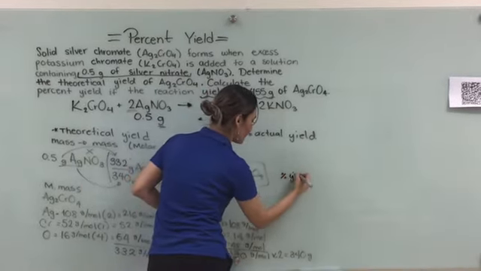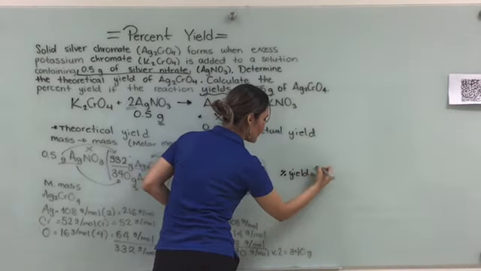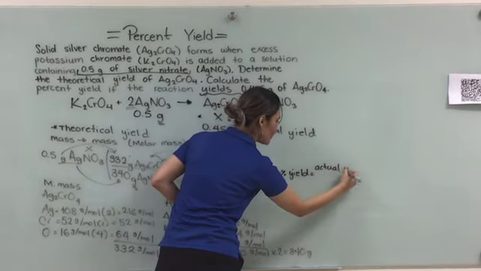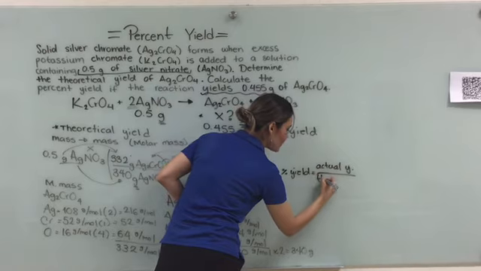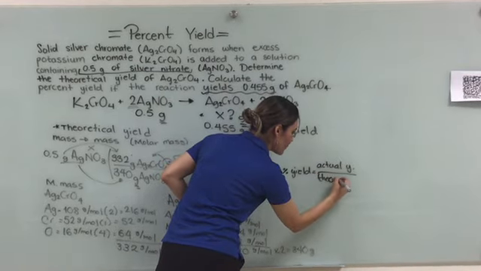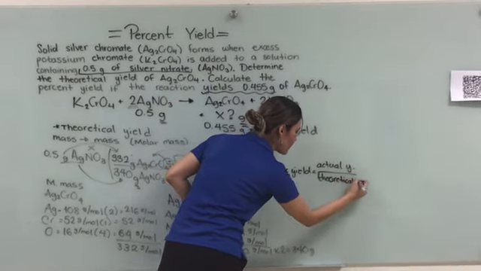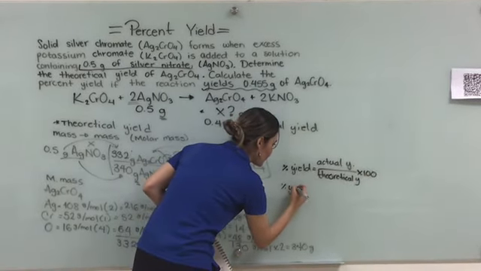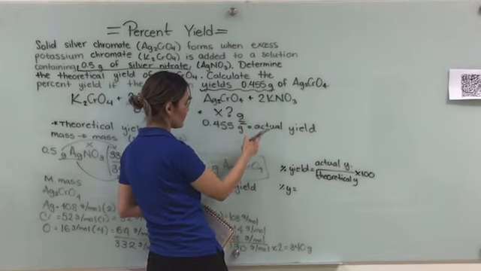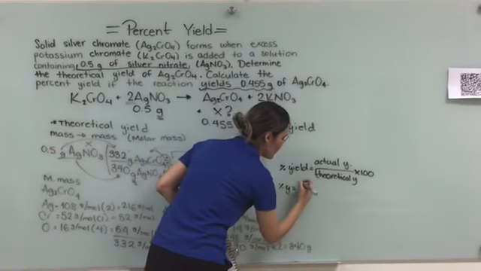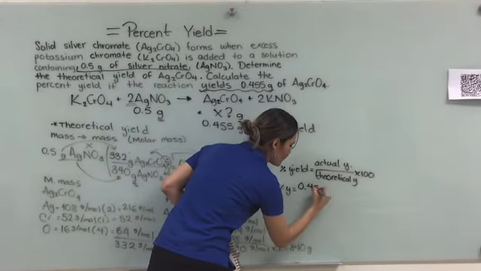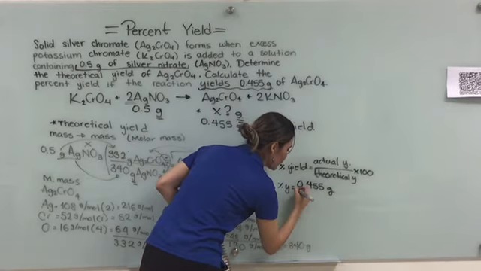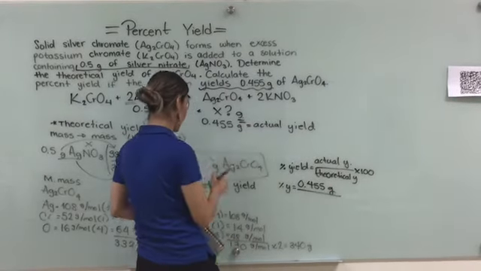Then, to calculate the percent yield, we need to substitute into the formula of percent yield, which says percent yield equals actual yield divided by theoretical yield times 100. The actual yield, remember, is the amount of the product that the problem says we actually obtain, and we divide it by the one that we calculated.